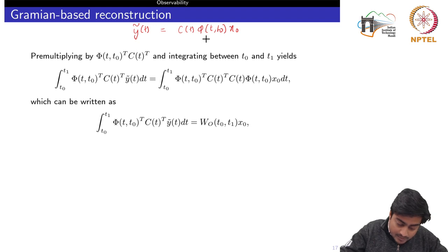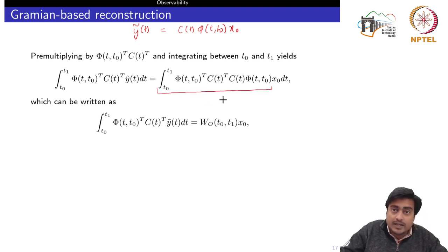Now if I pre-multiply this above equation by phi transpose and C transpose and then integrate it, I would obtain on the left hand side phi transpose C transpose y tilde dt, and on the right hand side I would obtain phi transpose C transpose multiplied by C phi and x0. Here x0 is a constant, so I can take it inside the integral or outside the integral, right? Now keeping the left hand side as it is, notice this whole term is nothing but your observability Gramian. So I can replace this on the right hand side as the observability Gramian multiplied by x0.